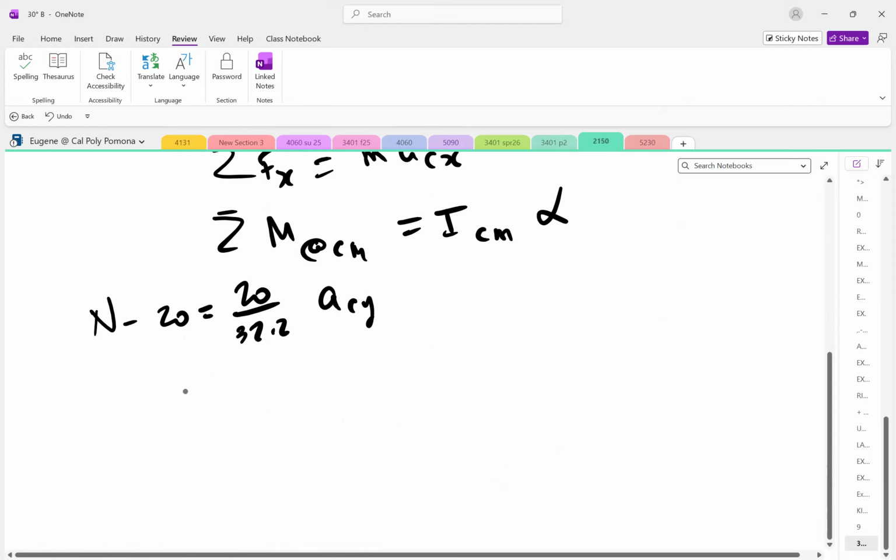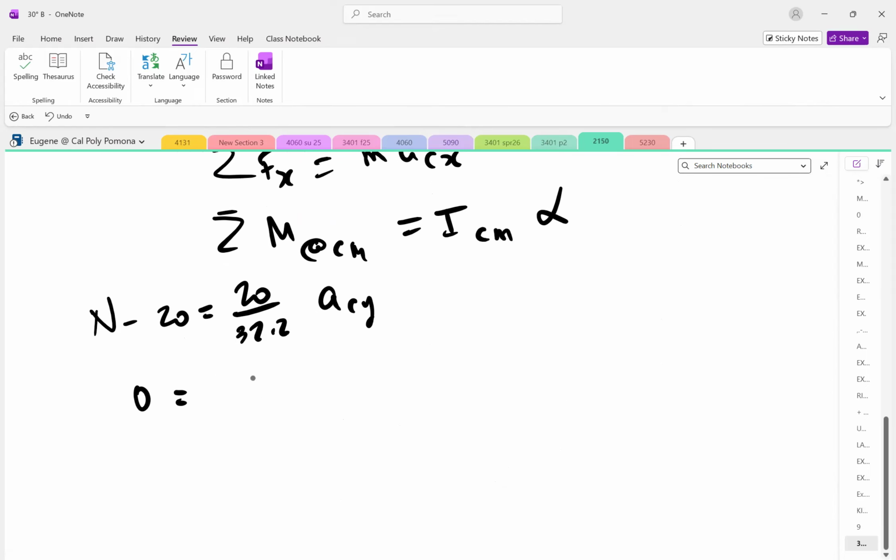In the x direction, 0 equals 20 over 32.2 times a_Cx. Therefore, a_Cx is 0.